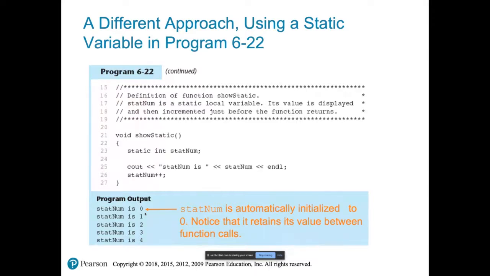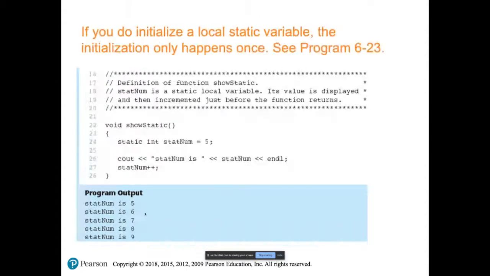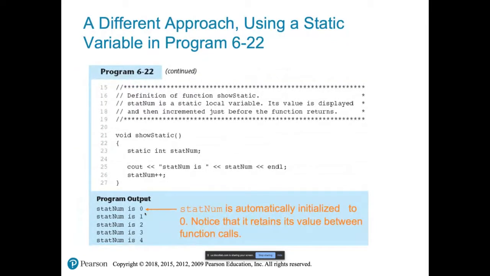So static local variables are only initialized once. If we don't give them a value, the value is going to be 0. And they persist the information, the value, between function calls. The variables are still contained in the scope of the function.